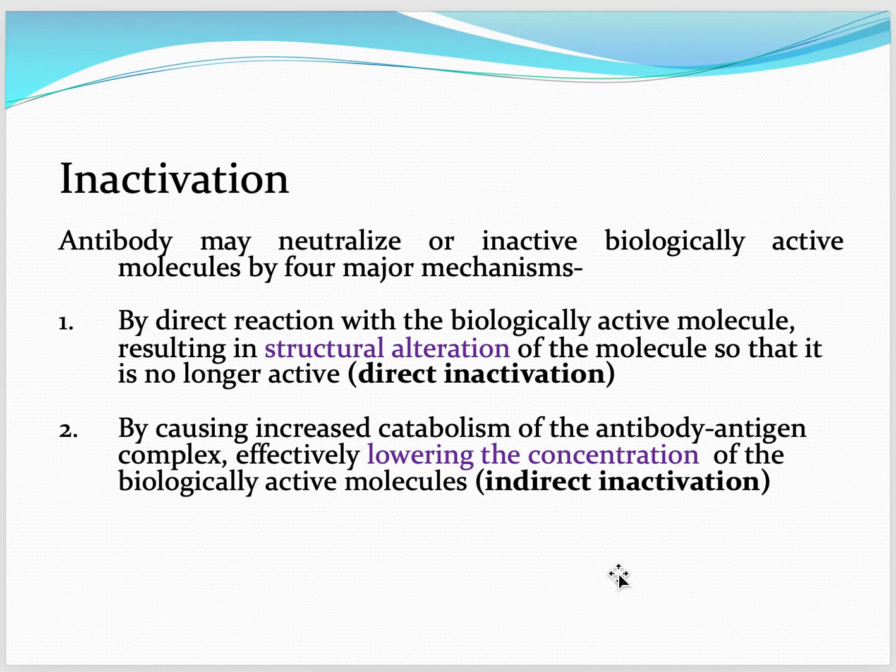Due to that, the amount of antibody and antigen decreases, thus causing the inactivation. That's why it's called indirect inactivation: the antibody is not altering the structure of the molecule, rather influencing the catabolism rate of the antibody antigen complex.